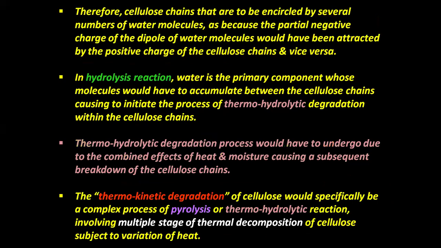Therefore, cellulose chains are encircled by several water molecules, because the partial negative charge of the dipole of water molecules is attracted by the positive charge of the cellulose chains and vice versa.